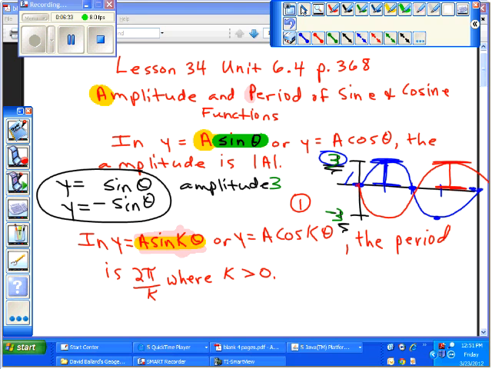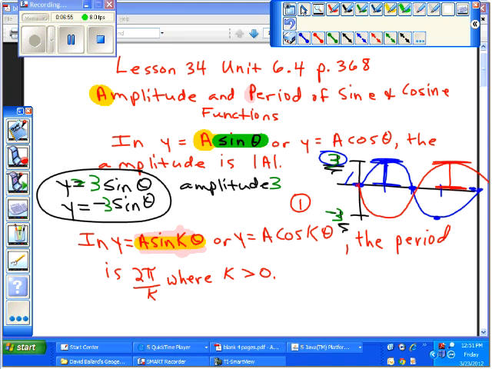It either started at 0 and went up 3 and then down 3, or it started at 0 and went down 3 and then up 3. Which means my two possible equations, if the only transformation I've made is I've said it has an amplitude of 3, would be 3 sine theta or negative 3 sine theta.